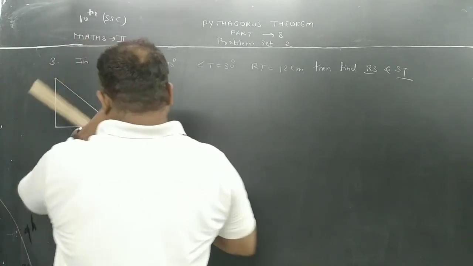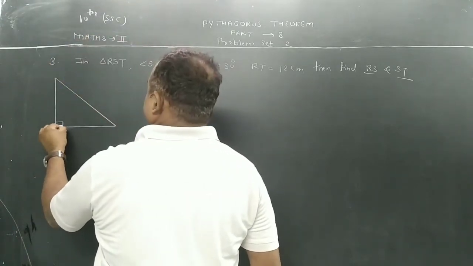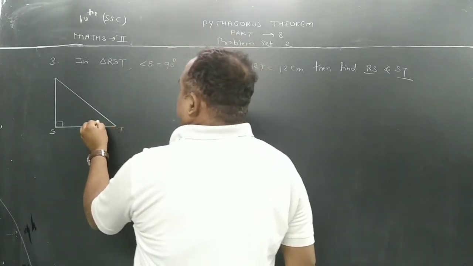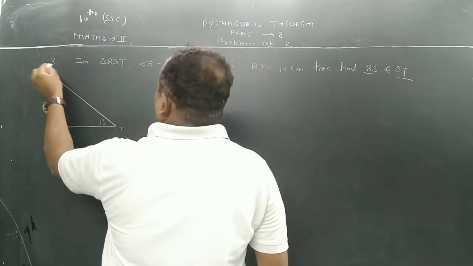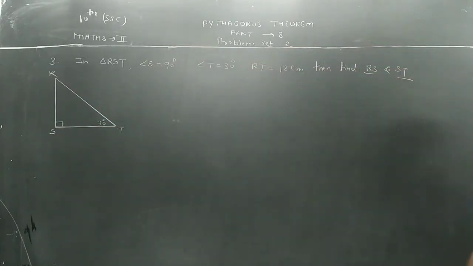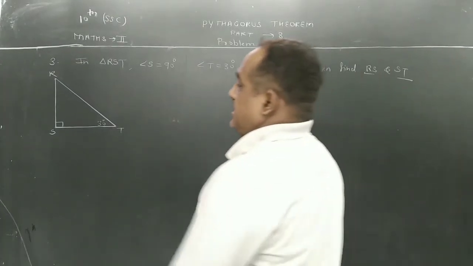Okay, this angle S is 90 degree and angle T is 30 degree and this is R.